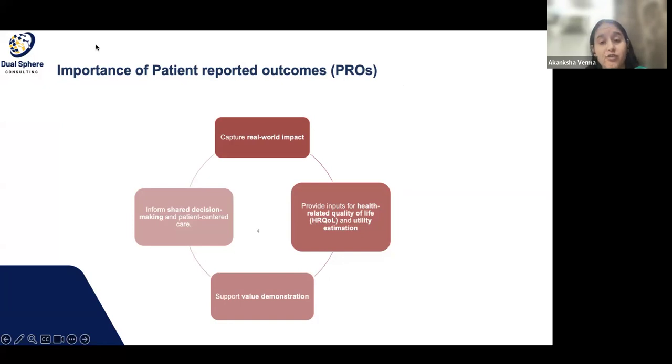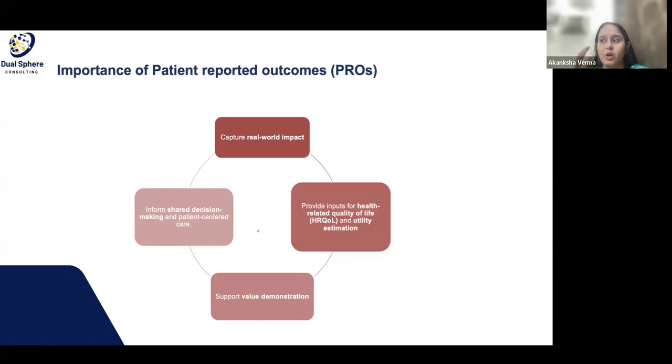Is it increasing the value of life? In that case, it helps you provide evidence. It supports the value demonstration for payers, regulators, and HTA agencies. Then the last one is it helps inform shared decision making and patient centered care programs.